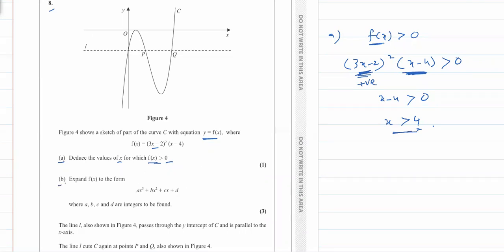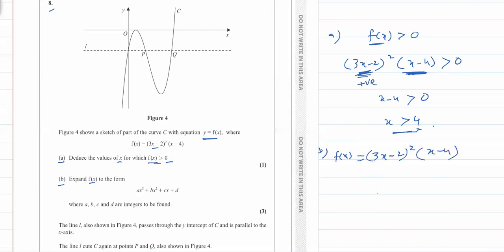Now part B is saying expand f of x to the form ax cube plus bx square plus cx plus d. We have to expand it in this form. Now let's say this is our f of x, that is (3x minus 2) squared into (x minus 4).